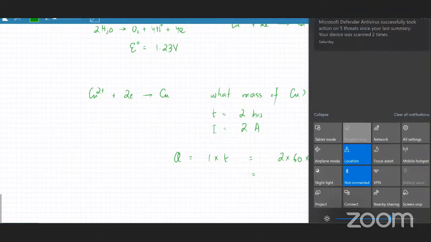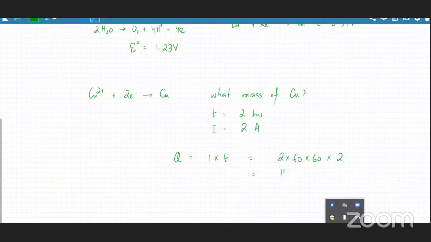Sir, it's 14,400. ठीक है, 14,000. अच्छा, just 1 second. अच्छा, छोड़िए. अच्छा, 14,400.